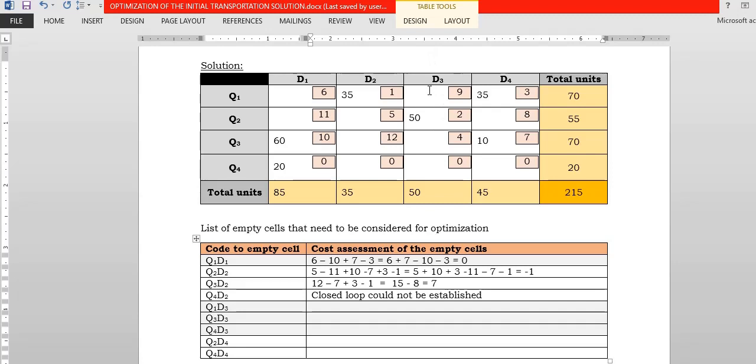And the first item is Q1, D3. Q1, D3 is up here.